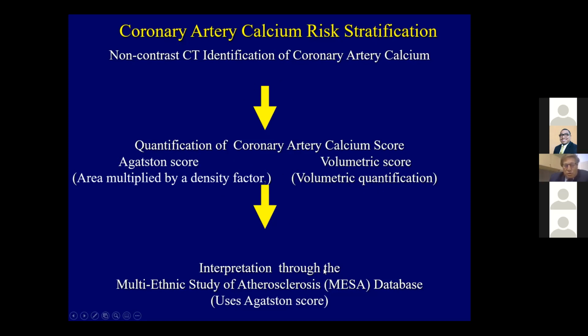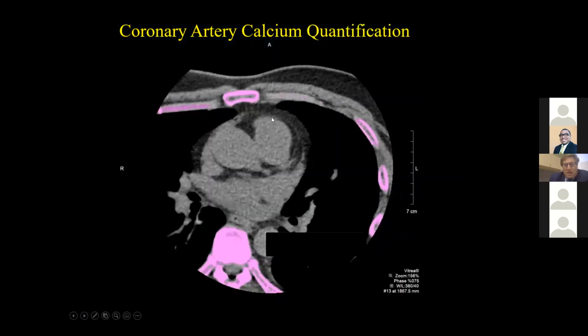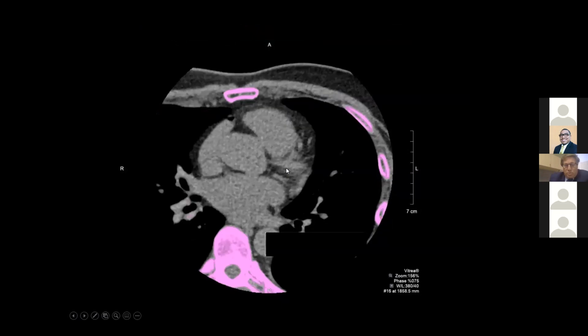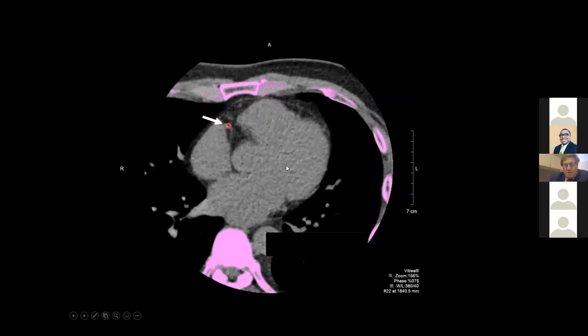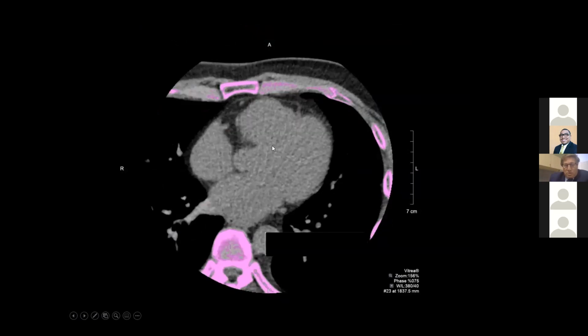So we then interpret it through the Multi-Ethnic Study of Atherosclerosis, MESA database, using the Agatston score. So here's an example, again, a non-contrast CT scan taken throughout the chest, or throughout the cardiac volume. This is our left main into our LAD, and we'll just go through and look till we see calcium. This program lights up the calcium so it looks red. So here's calcium, and we circle it, and it starts to quantitate.